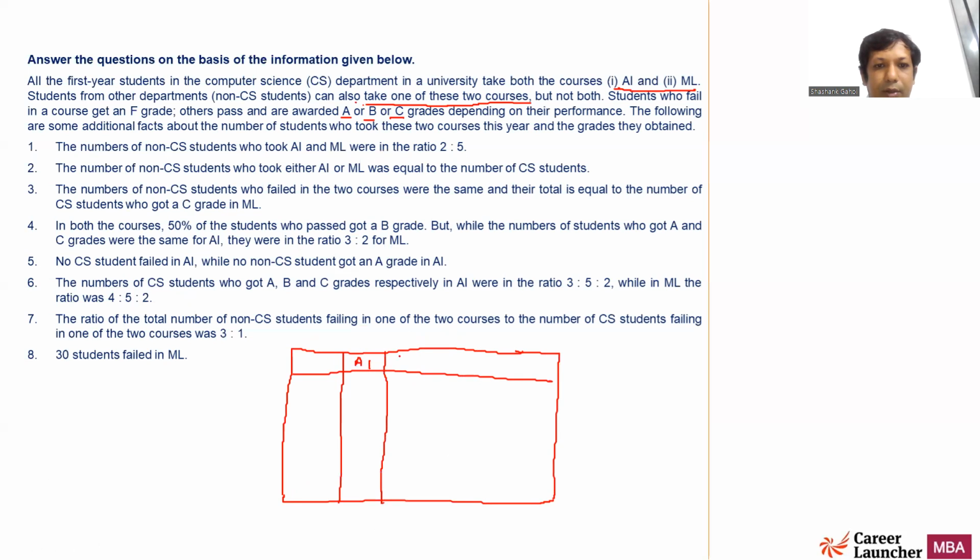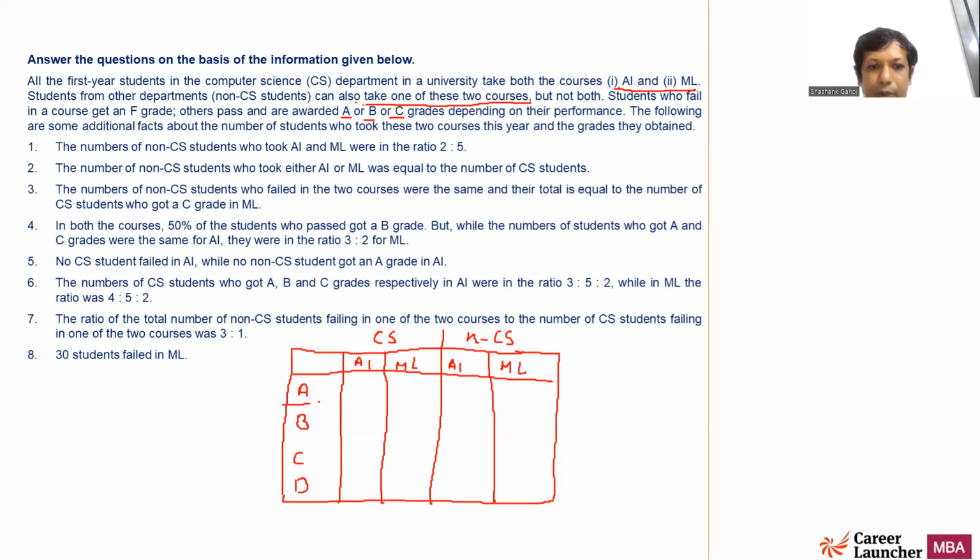This is ML. And again, I have AI and I have ML. This is for CS students and this is for non-CS students. And I have grades A, B, C and F.